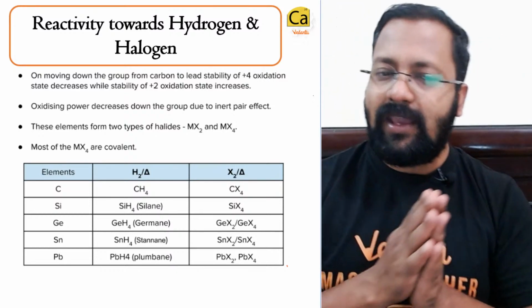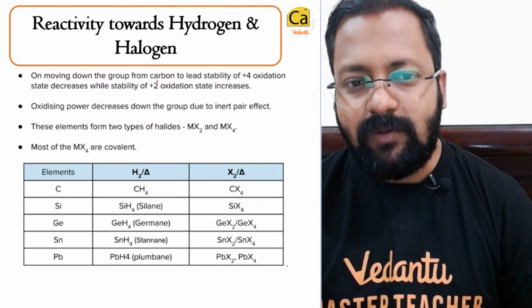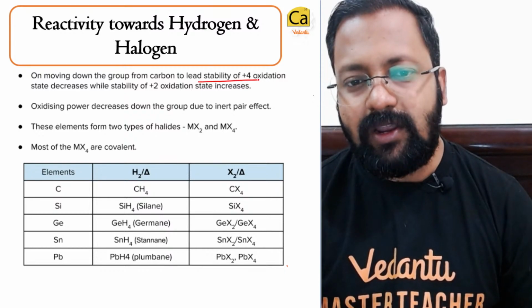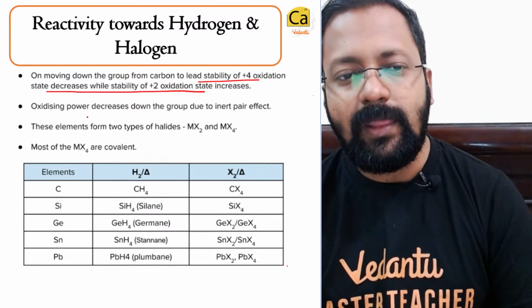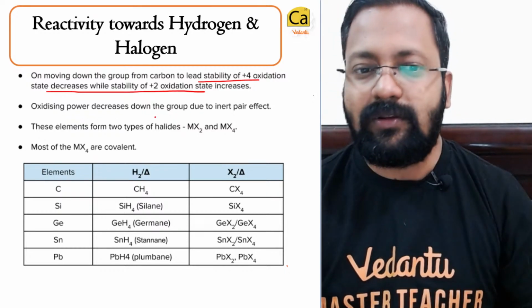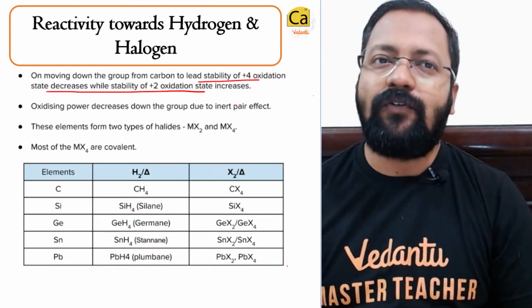So if I take hydrogen and halogen, as I move down the group from carbon to lead, stability of +4 decreases, which we have already read. Oxidizing power decreases down the group. What is the meaning of oxidizing power?